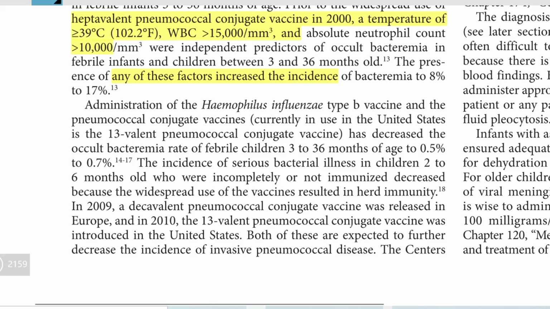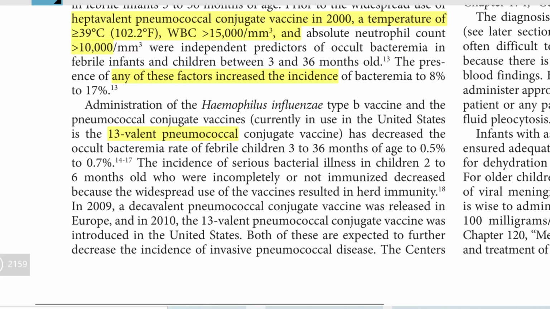Administration of the Haemophilus influenzae type B vaccine and the pneumococcal conjugate vaccine, currently the 13-valent PCV in the United States, has decreased the occult bacteremia rate to 0.5 to 0.7%.